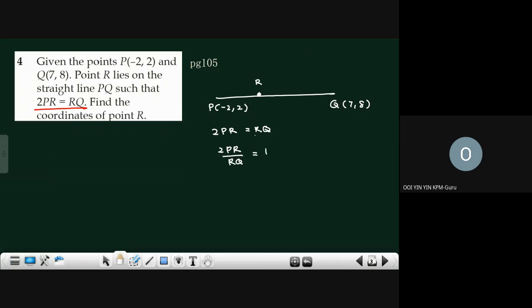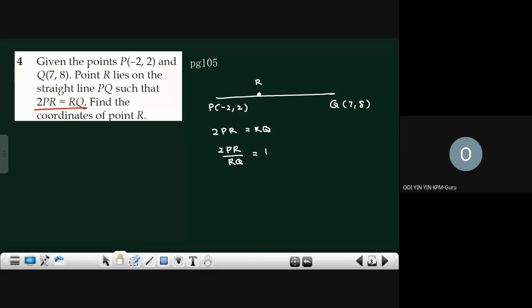This place is actually 1 multiplied with RQ. So when RQ moves to here, you still have 1 here, not 0. If you minus RQ, it becomes minus RQ, then here is left 0. But now you divide, that means there's still 1 here.